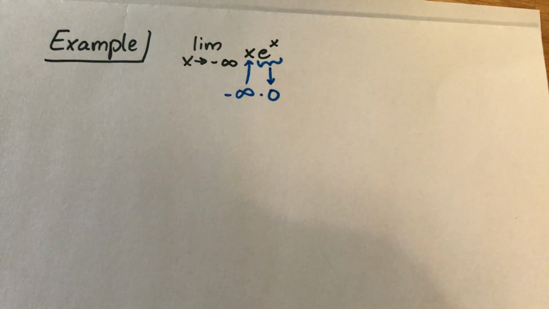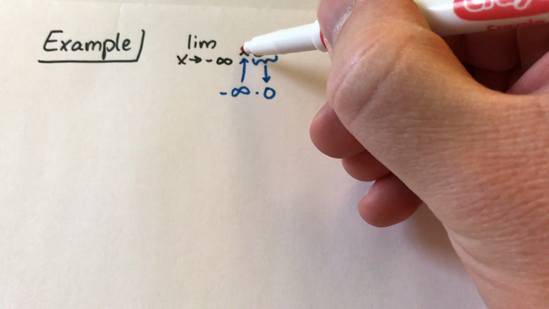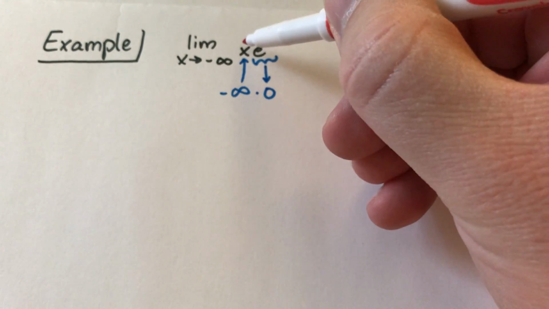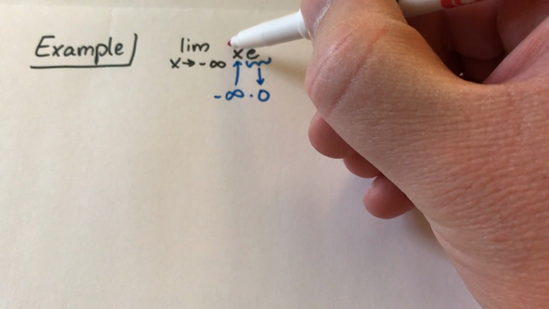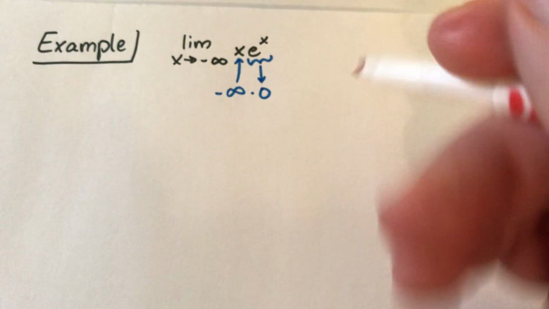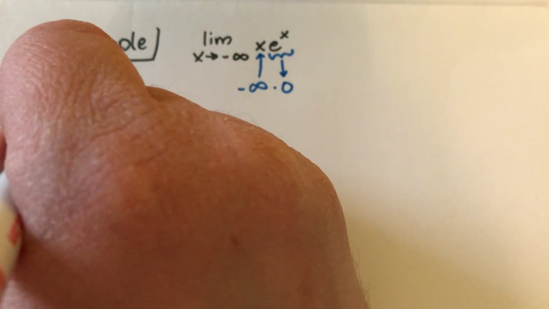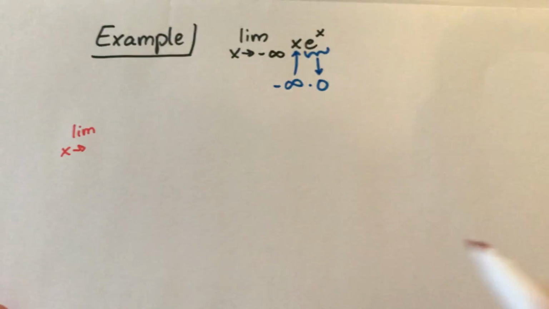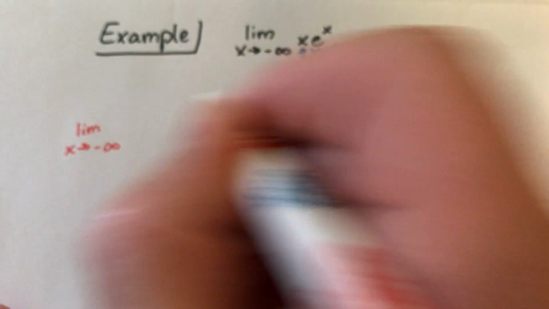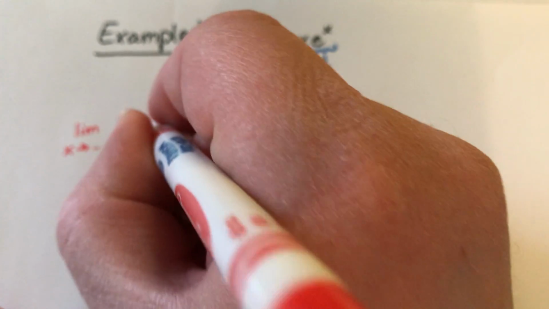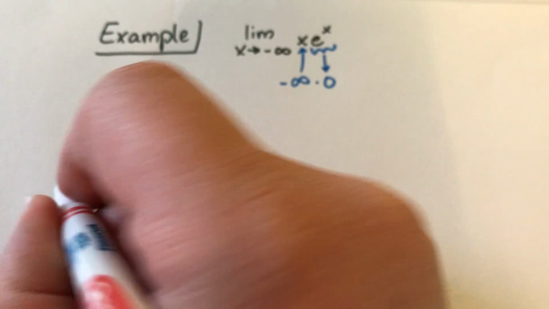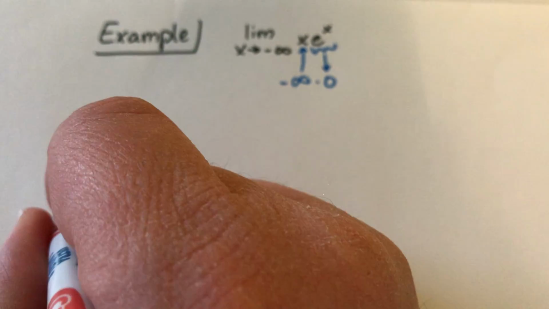Now in this case, I'm going to be a little bit more careful in which one I choose to be the denominator. And the reason I say that is because if I choose this x as my denominator, and I'll just show you real quickly, we'll have e to the x divided by x to the negative 1, and I try to apply L'Hopital's rule.